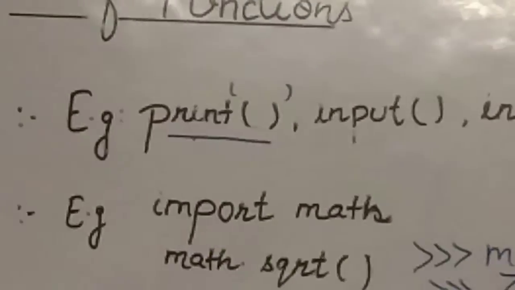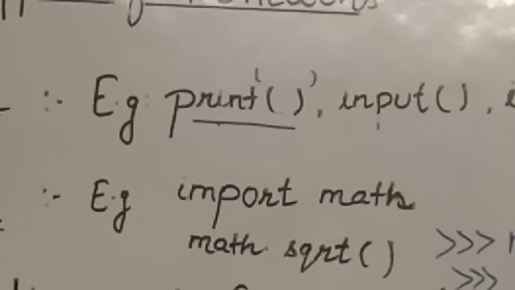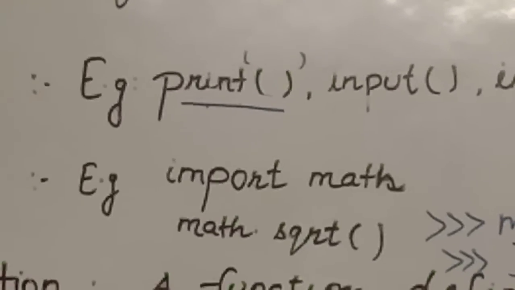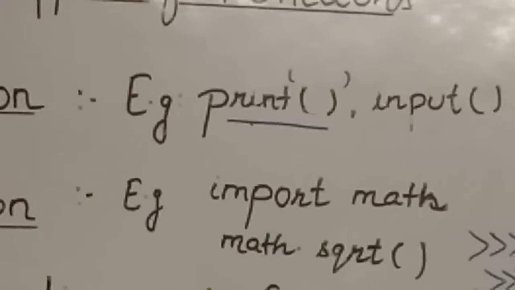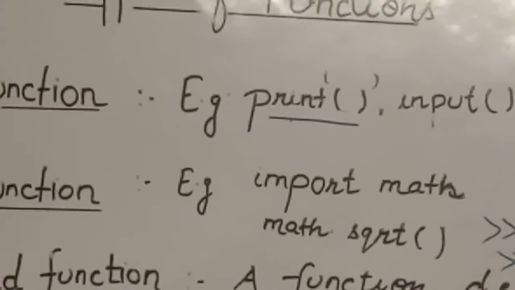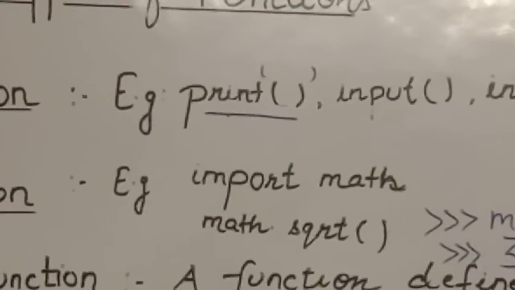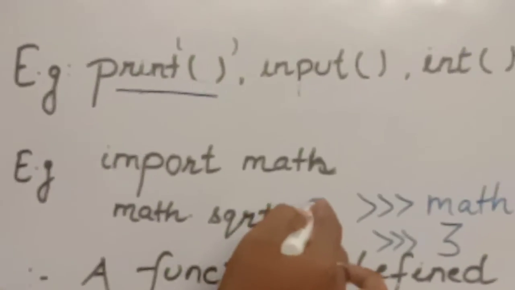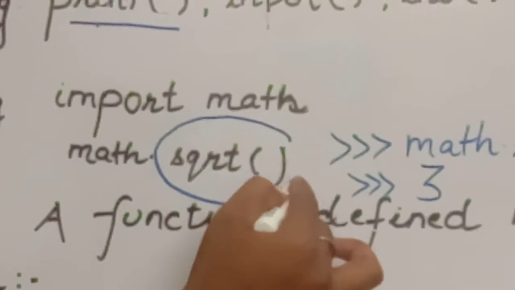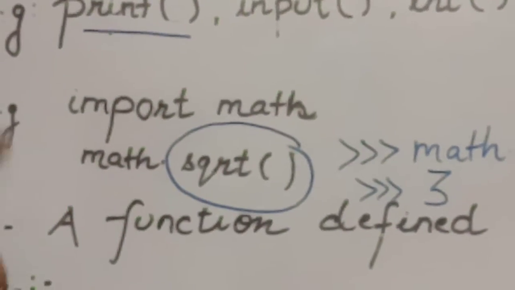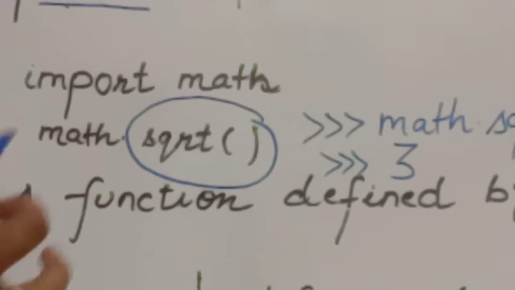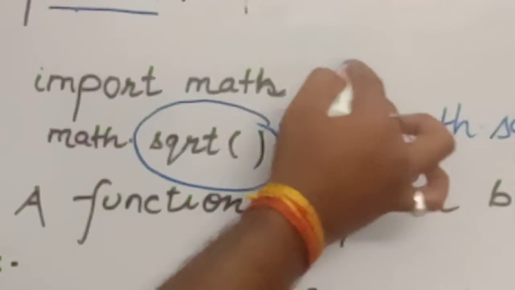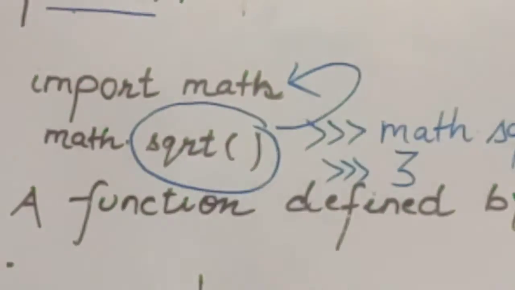Okay. Now talking about module functions. Module functions are also predefined functions in Python, but for using module functions we have to import some libraries. For example, sqrt is a predefined function in Python, but for using the sqrt function we have to import the math library.